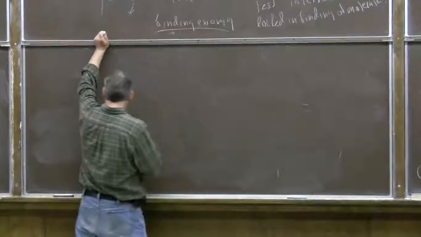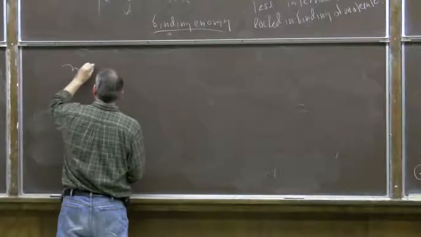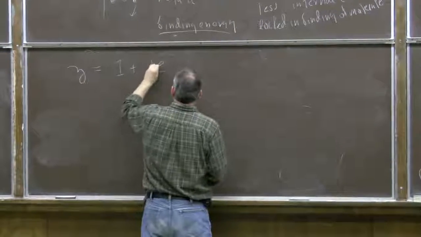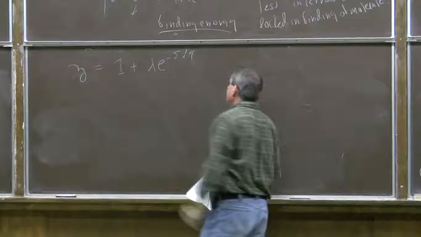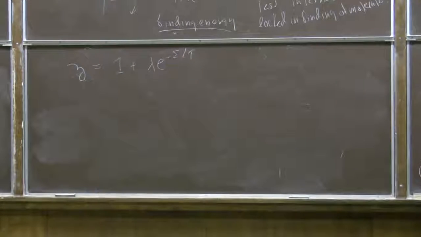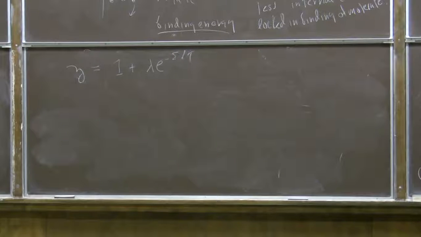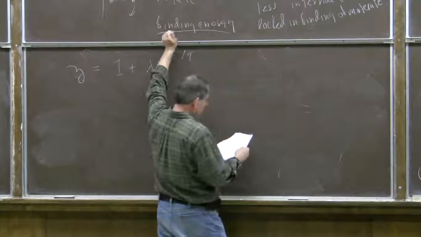So, if we're in the classical regime, I now have to change my story a little bit. I'll say 1 plus lambda e to the minus epsilon over tau. But when the orbital is occupied, I should also sum over its internal and rotational degrees of freedom, and include the binding energy as well.